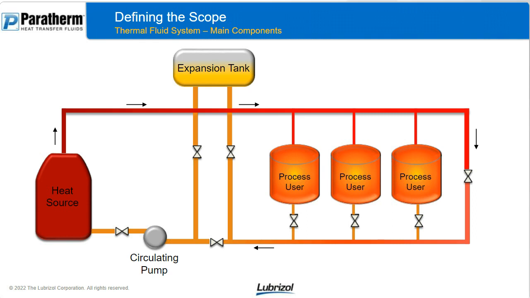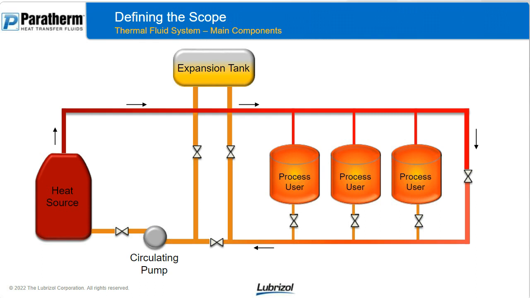And then the last main component that we're going to discuss is the expansion tank. Like we said on the previous slide, thermal fluids are designed to achieve high operating temperatures in the system without really increasing the pressure of the system too much. And the expansion tank is the reason that's able to happen.